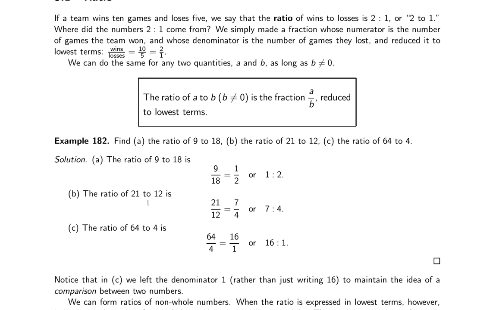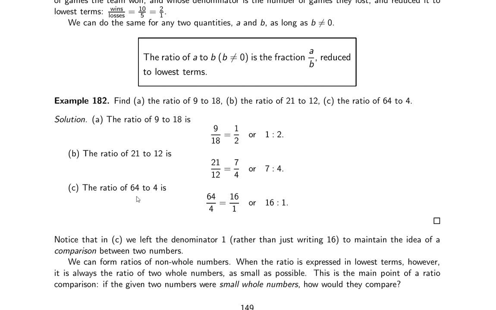The ratio of 21 to 12, 21 twelfths: we can cancel 3's, so we get 7 to 4. And 64 to 4 is 16 over 1. It's just the whole number 16, but we want to keep it as a fraction, so 16 over 1. For a ratio, you need two numbers. So 64 to 4 simplifies to 16 to 1.